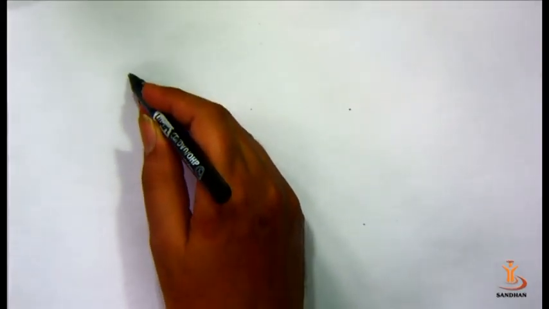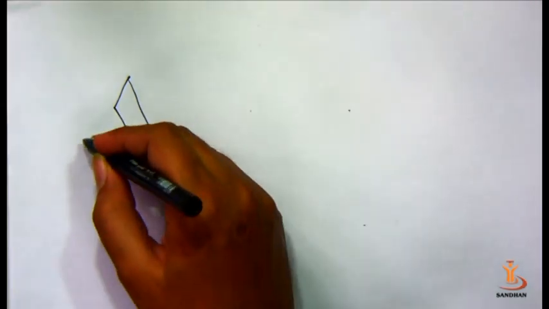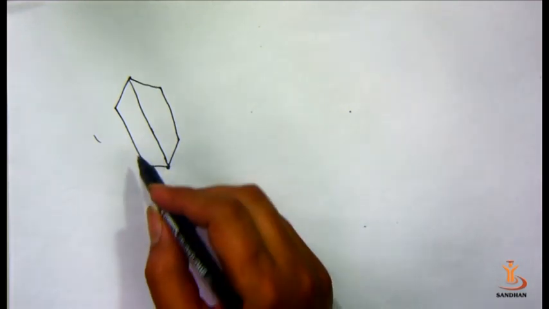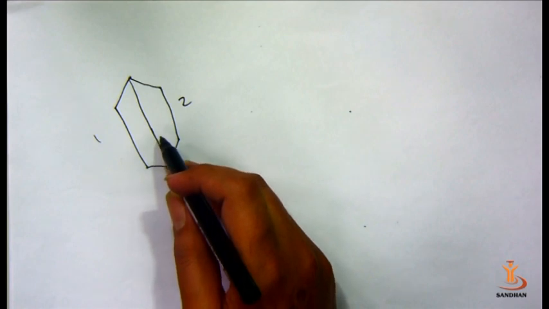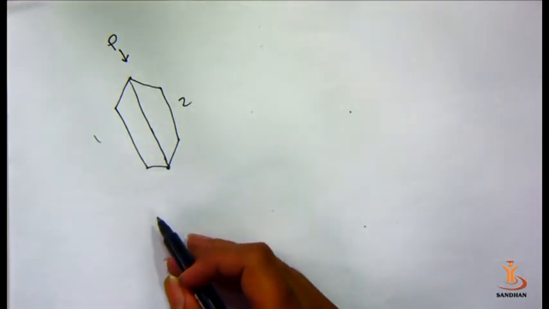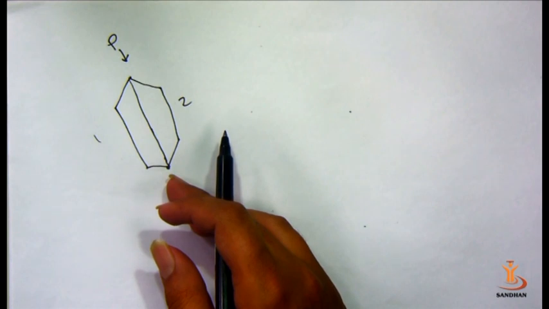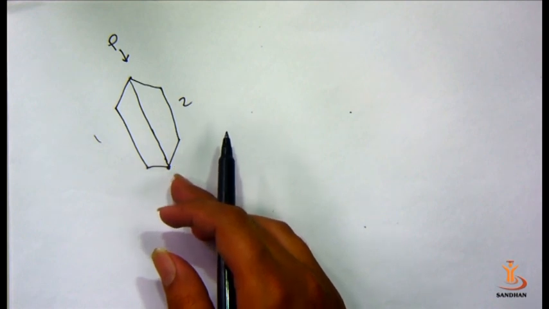This is face 1, this is another face, face 2. Face 1 and face 2 are both in contact but on opposite sides. Here we are applying pressure towards one pair of two oppositely aligned faces of a quartz crystal. This is a quartz crystal.